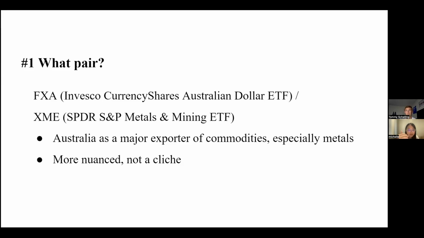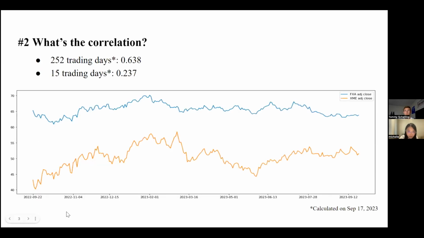There would be an influx of foreign currency, which often needs to be converted to the Australian dollar. And this leads to an increase in the demand for the Australian dollar, which then strengthens the currency. So there is a positive correlation between the Australian dollar and those two ETFs.